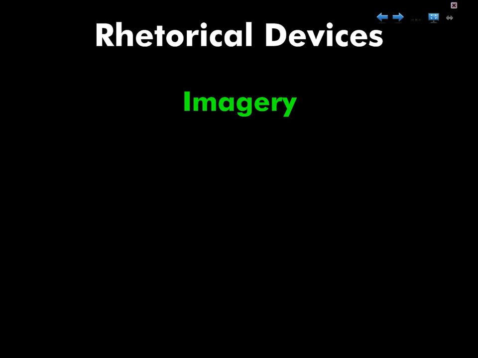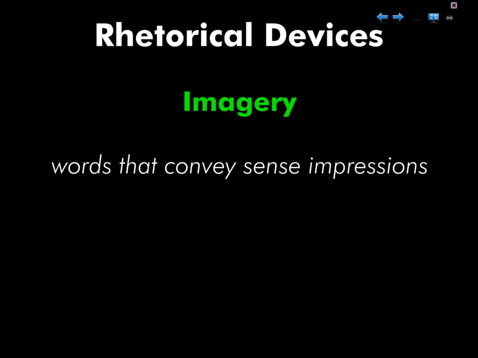Imagery is fairly obvious. Words that convey sense impressions. But you should know, we talked about this in Secret Life of Bees a bit, that all words contain connotation and denotation. And connotation, the emotional connection with words, is often present in imagery.